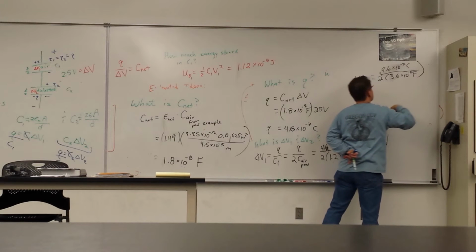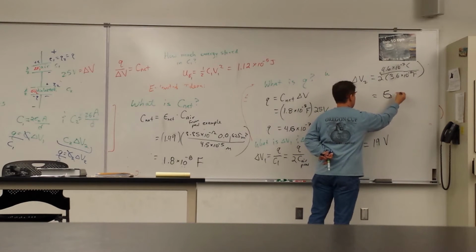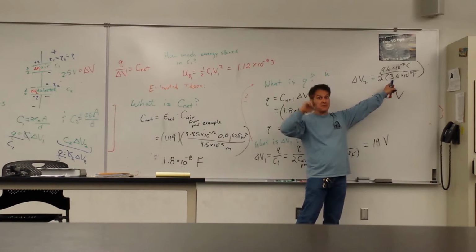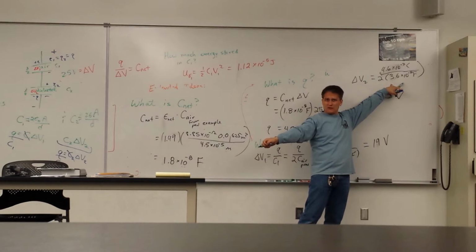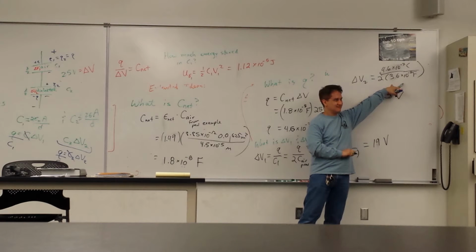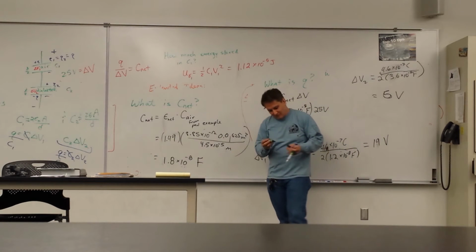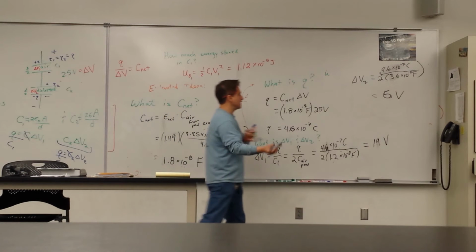And it works out to about 6 or so volts. I just took our previous C1 from the previous example, but I didn't want to write it because that would look more confusing. Also, we had the original 25 volts, we got 19 now. So there are multiple ways to solve it.